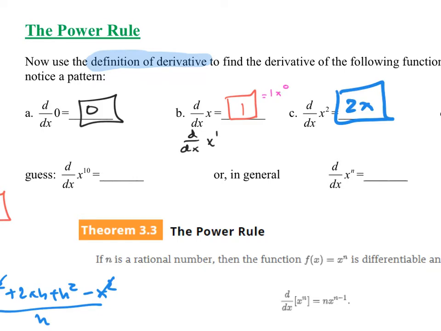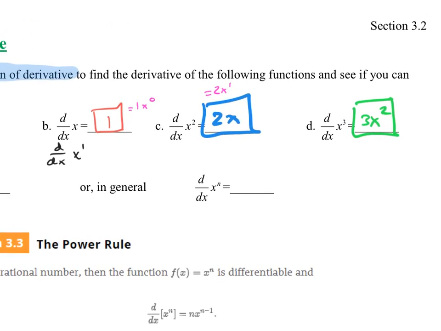Okay? And the derivative with respect to x of x squared was 2x, but I want you to look at that as 2x to the first power. And the derivative of x cubed was 3x squared. So I'm asking you, do you notice a pattern? Does it seem like you can see what's happening?